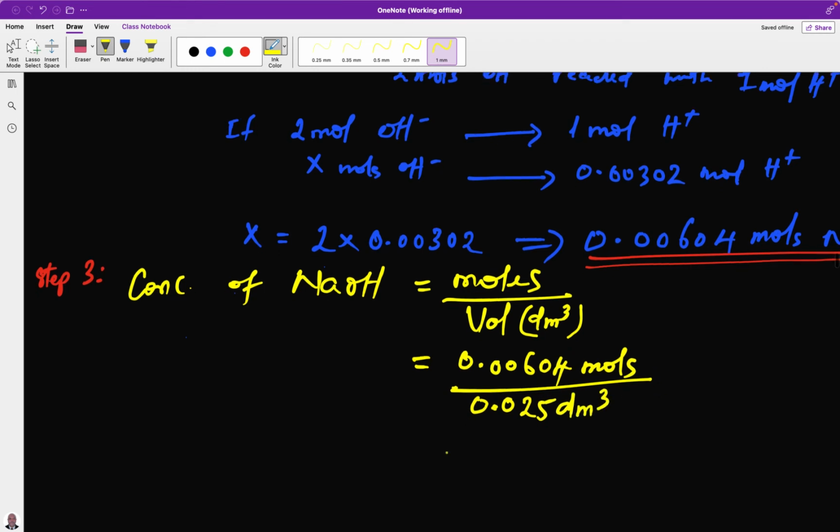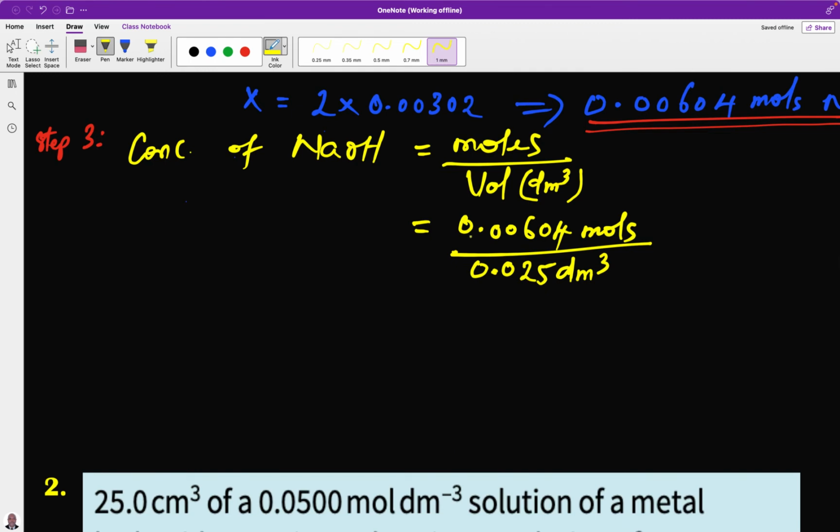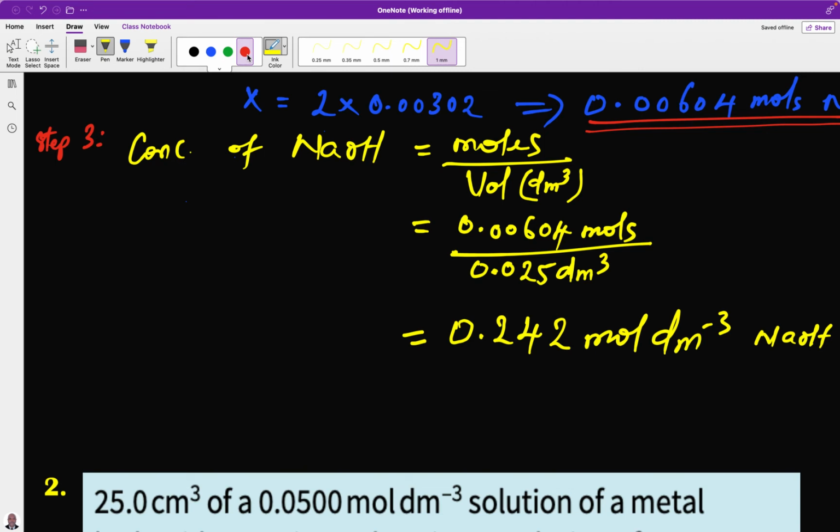Now our concentration of sodium hydroxide will be 0.242 moles per dm cube of sodium hydroxide. That is the answer.